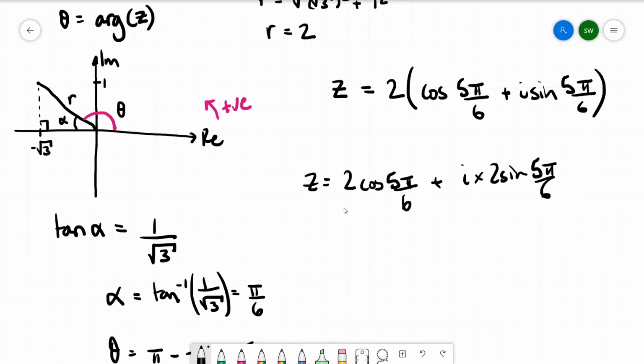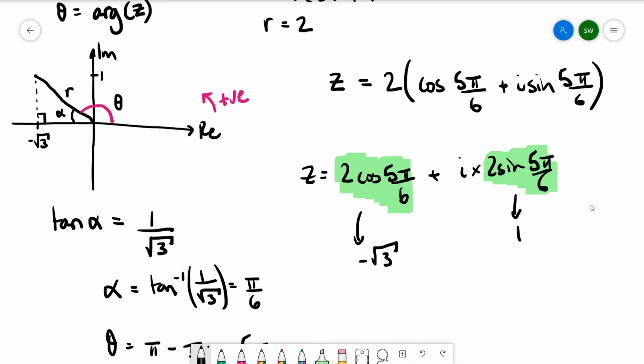And the way that trigonometry works is that this part here is going to be equal to minus root 3, and this part here is going to be equal to the imaginary part, which is 1. The reason why this works is to do with the unit circle, which we'll look at in another video.